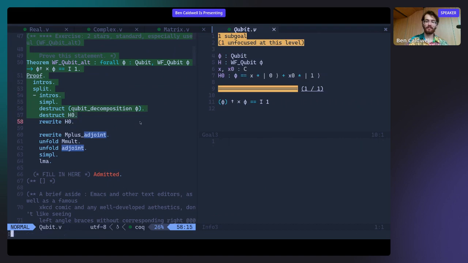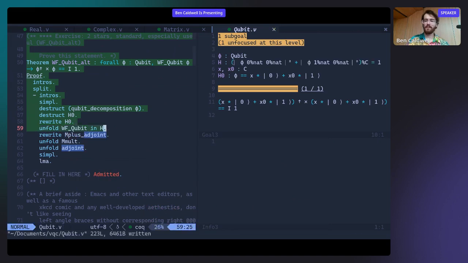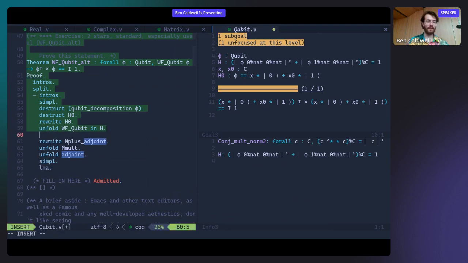So we could rewrite that in. We might have to unfold the W of qubit in H, but once we rewrite that, we get something that's very close to the goal. So unfold the W. Oh, yeah. And then that exposes the C norm. And then we can rewrite conj mult norm 2 in H.